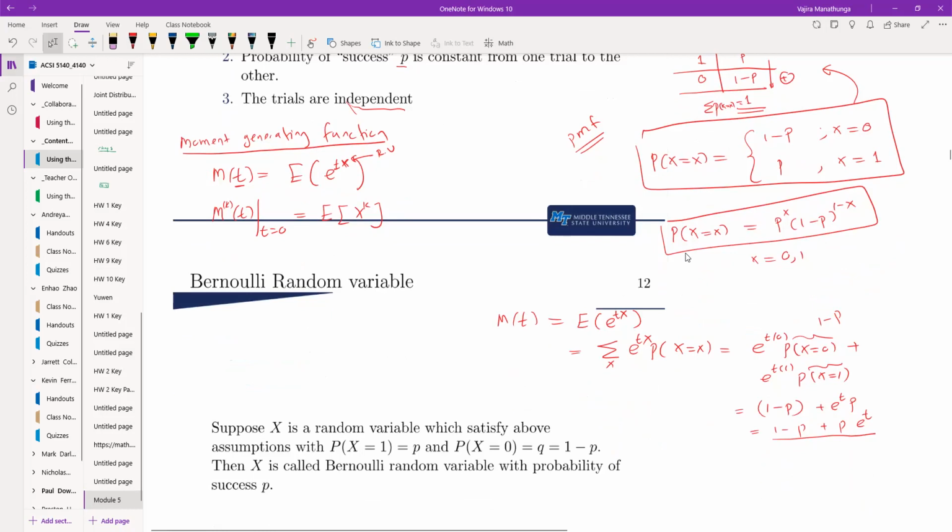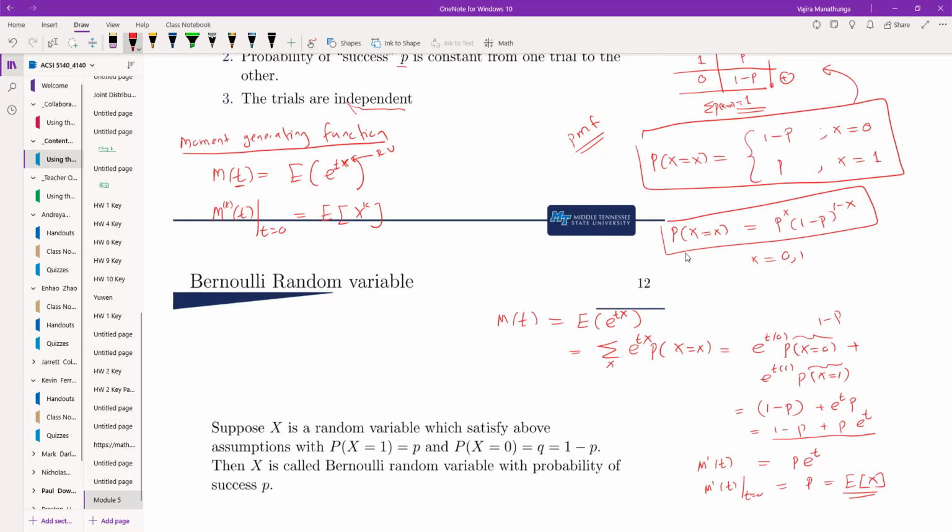Now, if I take the first derivative, it's going to be p e to the t, and evaluating at 0, that's going to be p. So this is the first moment.